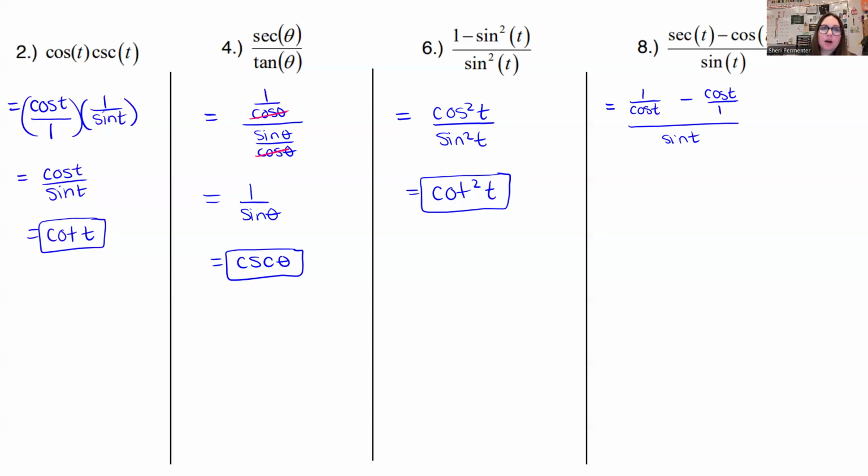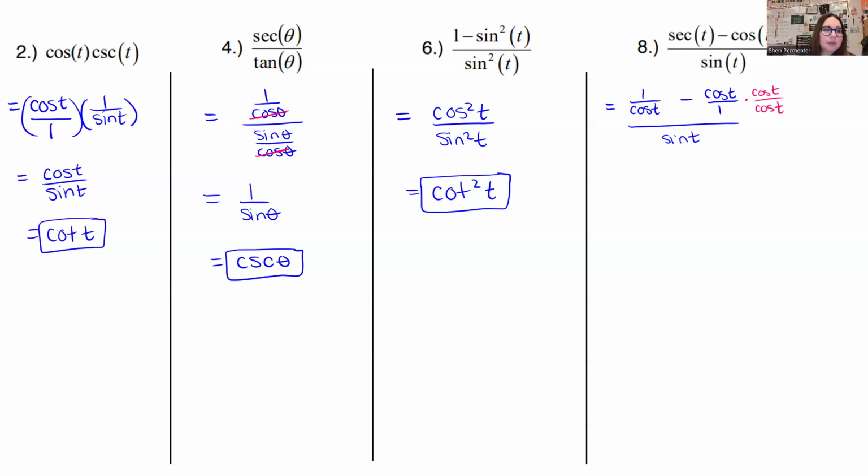Well, it may not seem obvious at first, but what we're going to do is combine the top fractions. So the only way that I can subtract this one and this one is if I have a common denominator. And so to get a common denominator, I would have to multiply this by cosine t over cosine t, so that both fractions have a denominator of cosine.